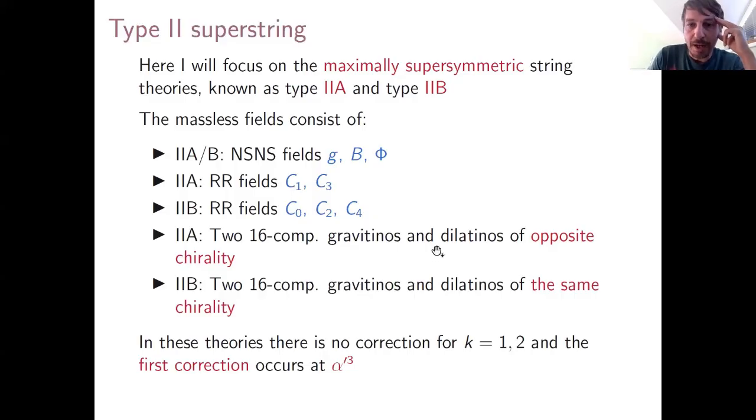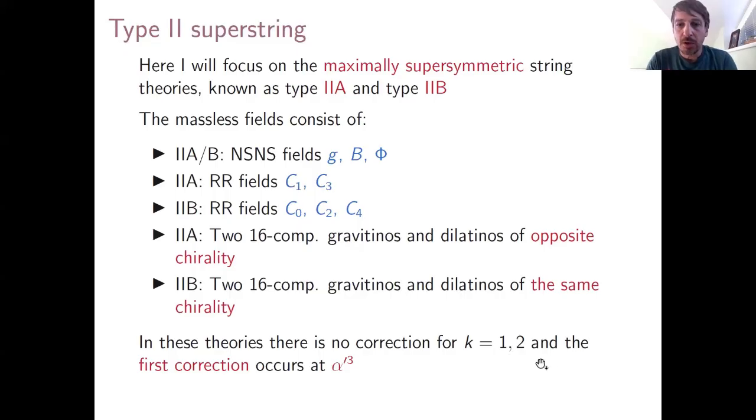And then, of course, it's maximally supersymmetric, so there will be corresponding fermionic partners to these fields, which I will not say too much about here, but there will be two 16-component gravitinos and dilatinos of opposite chirality in the type 2A case and of the same chirality in the type 2B case. And that's basically the difference between type 2A and type 2B.